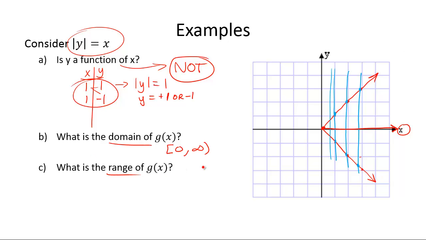So what's the range? Well, the range is essentially everything, right? You could have 1, 2, 3, 4, 5, negative 1, negative 2, negative 3, and so on. So the range is all real numbers.